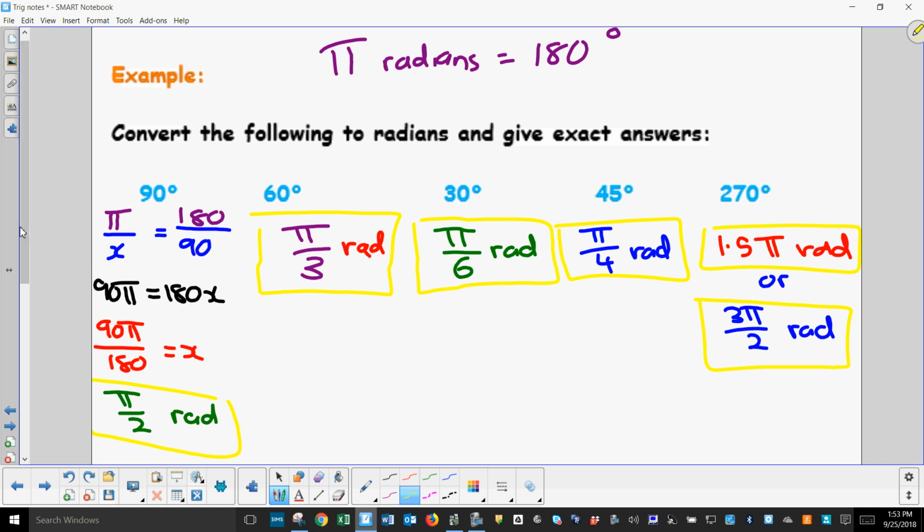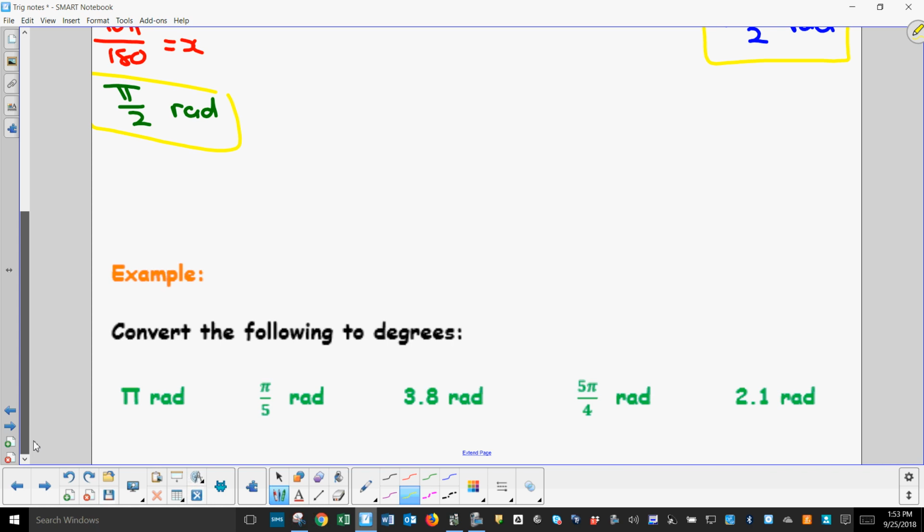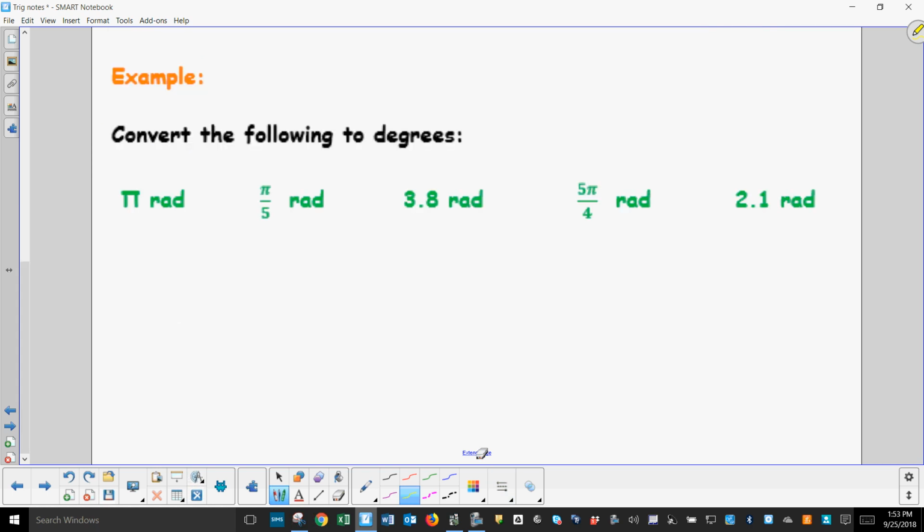Let's similarly convert the following radian measures to degrees. As a little reference, I do like to write this out still. Pi radians equals 180 degrees. This helps me. If it doesn't help you, that's fine. That might help you to see the answer to the first one. Yeah, 180 degrees.